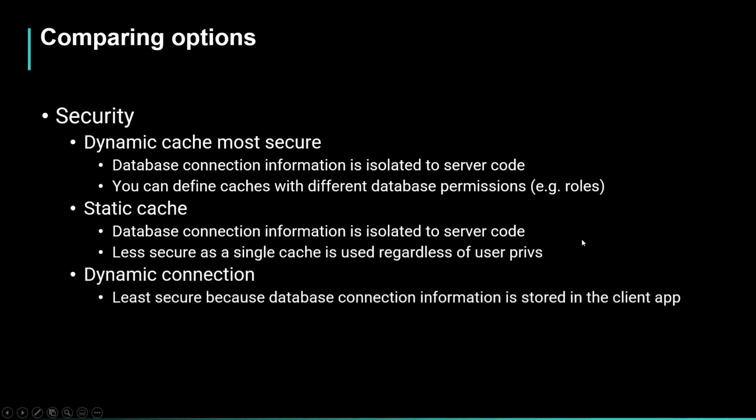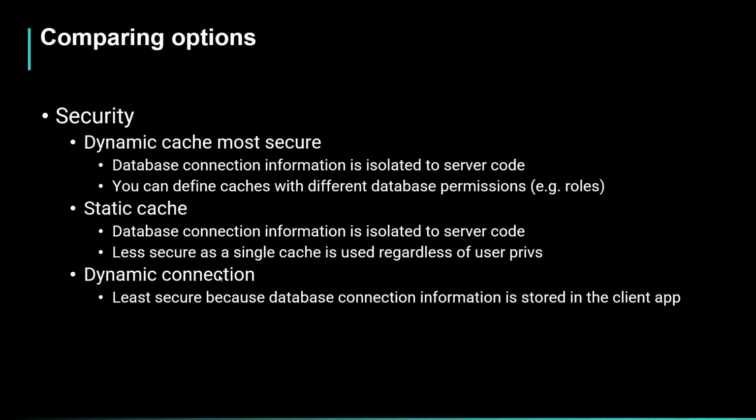Okay, the first thing we're going to look at is security. The first two options, the dynamic cache and the static cache, are more secure than the dynamic connection. And the reason is that with the dynamic connection, you are passing credentials from the client to the server, and we're using REST methods now.